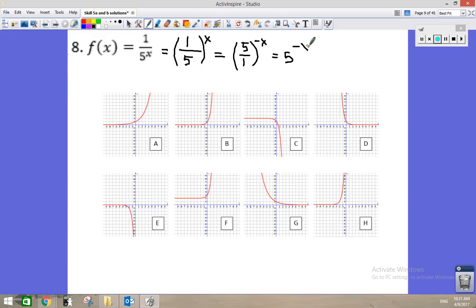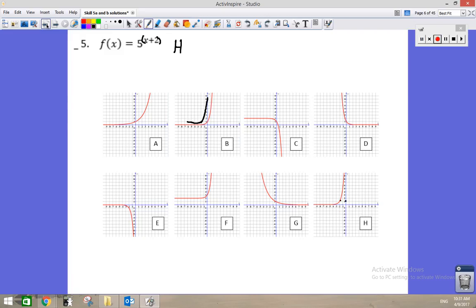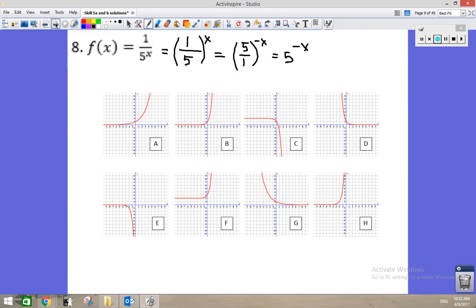So this is the same thing as 5 to the negative x, which is a reflection across the y-axis. And we saw that, didn't we? Yeah, so it was d. This 1 over 5 to the x is just 5 to the negative x rewritten, and we've already said that b and d are reflections of each other across the y-axis.